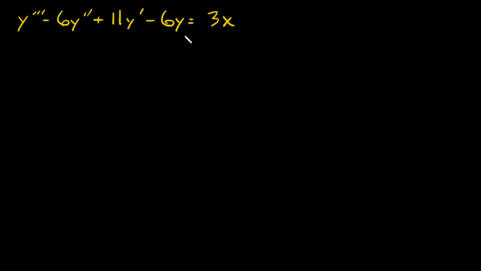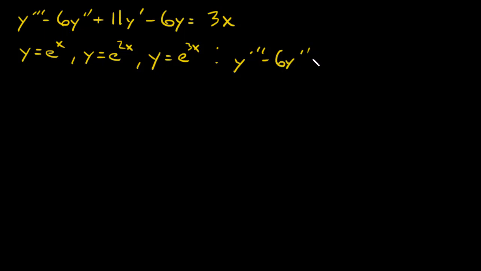Okay? So, we already proved that y equals e to the x, y equals e to the 2x, and y equals e to the 3x were solutions of y triple prime minus 6y double prime plus 11y prime minus 6y equals 0.